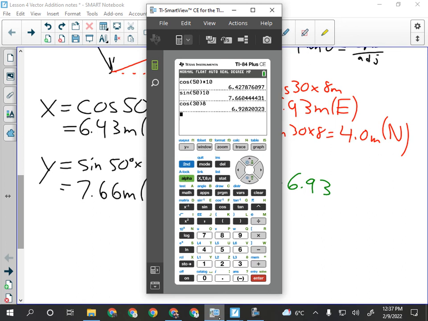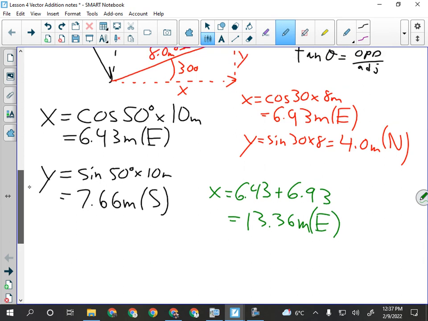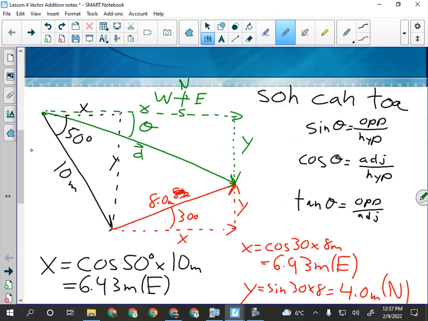I'm going to use the full values in my calculator. Because I got this new emulator that allows me to grab numbers, it's so much easier. So my total east, or total X component for the entire trip is 13.36 meters east.